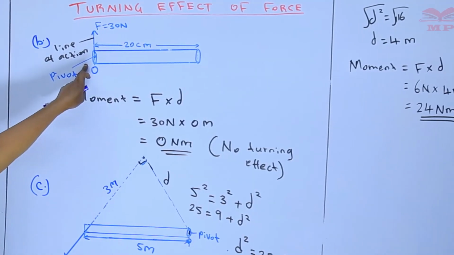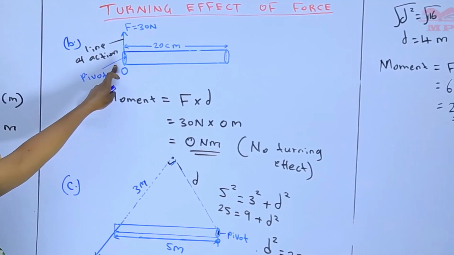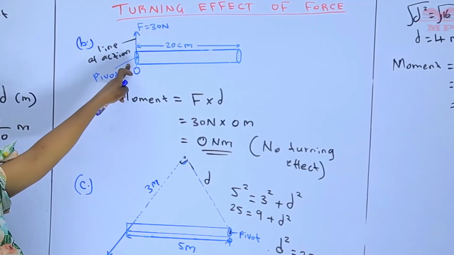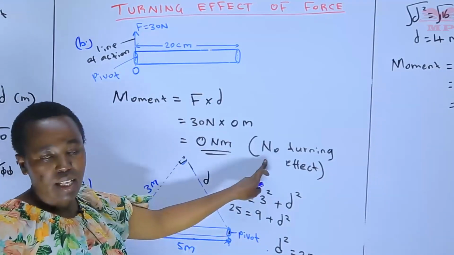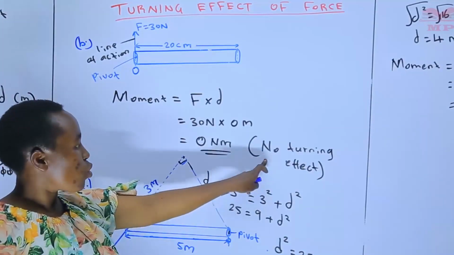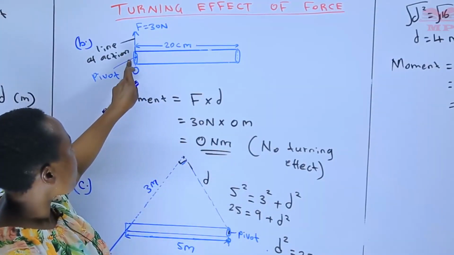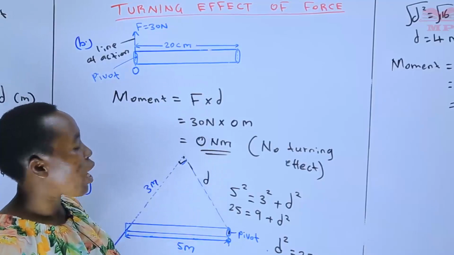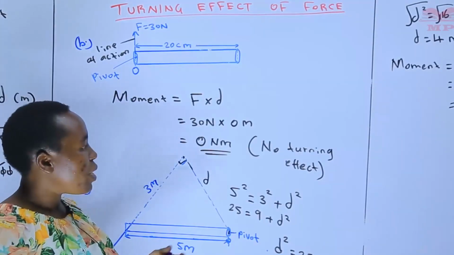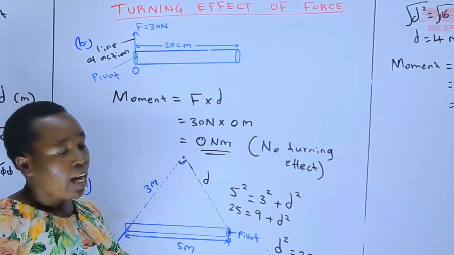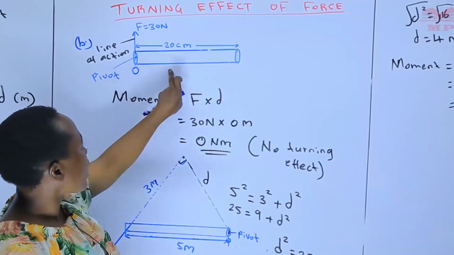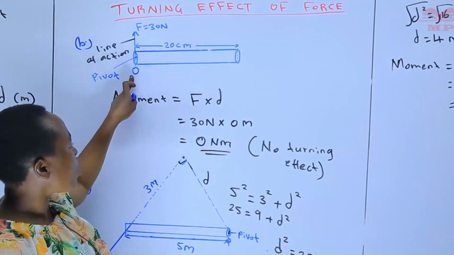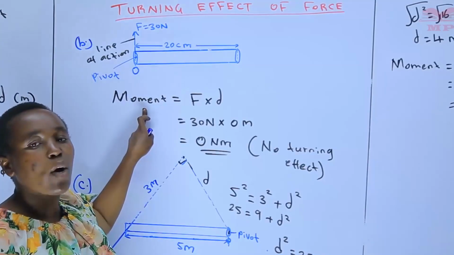Again, when you apply force on the fixed point, there is no turning effect that is going to be obtained. So if the force is being applied at the same point where the pivot is, then we are going to have a moment of 0, meaning that there will be no turning. And that's why we were saying the more the distance from the hinges, the more the moment, and the more the moment, the more the turning.